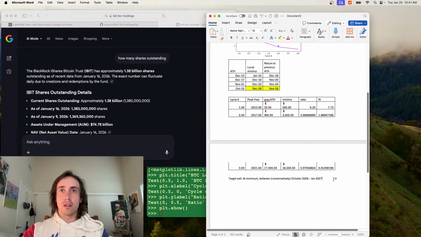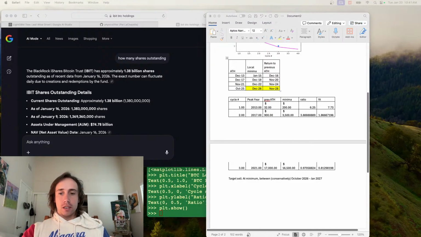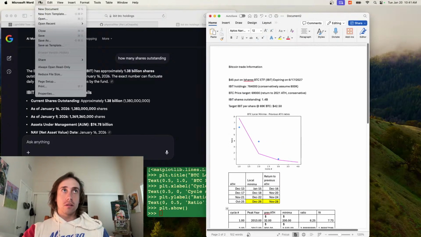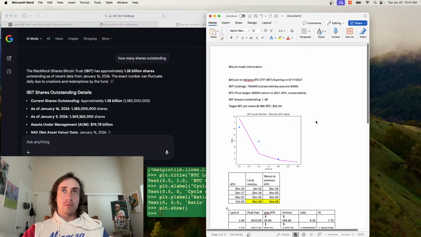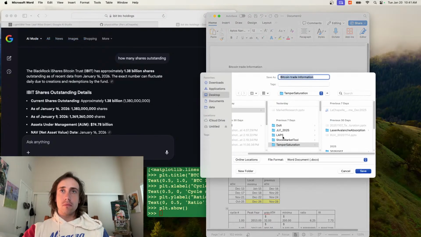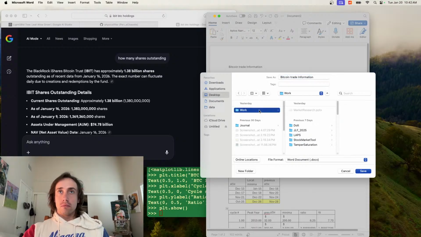So sometime in there I want to sell at the minimum. Okay, so that's it for this trade. Gonna have to save this. I'll just save it there.